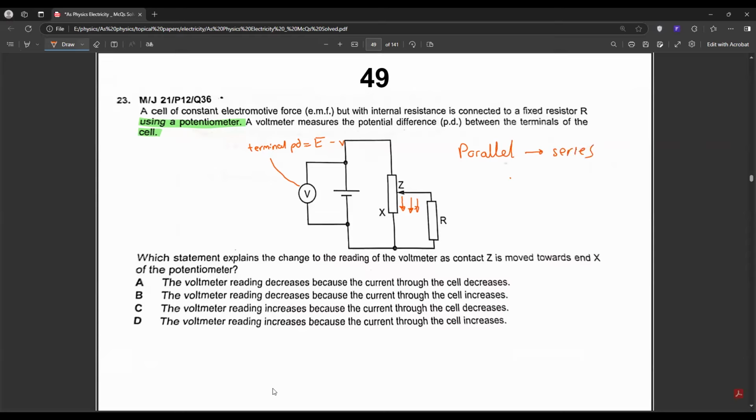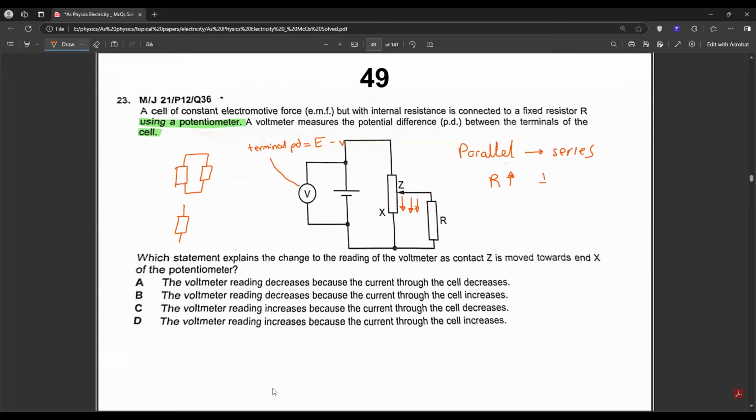Initially this combination was something along these lines, but now it has shifted to a series combination. So what do you think will happen? Your resistance will increase.